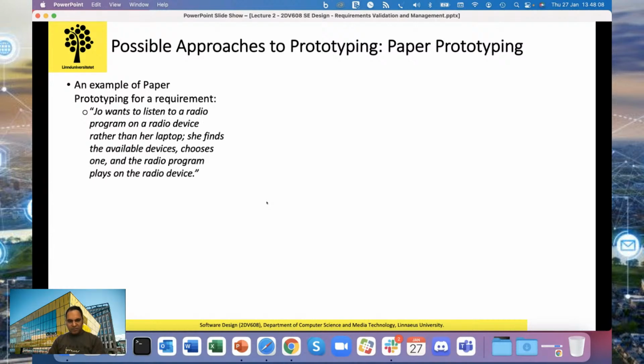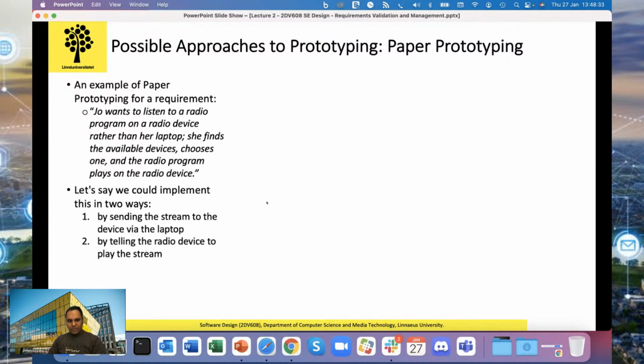It can be any type of device, Bluetooth device, Wi-Fi device, or even mobile devices. And so she finds the devices available around her. Choose one device and play the program or song on that device.